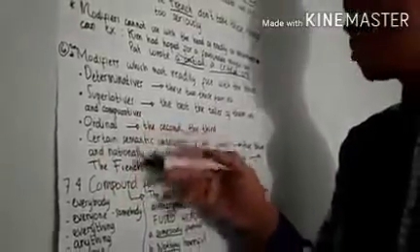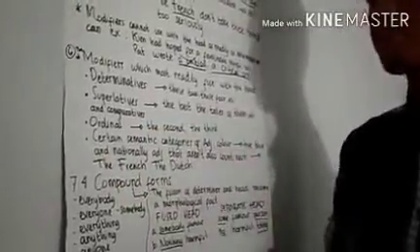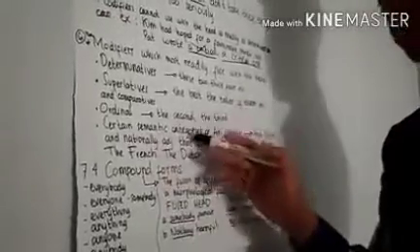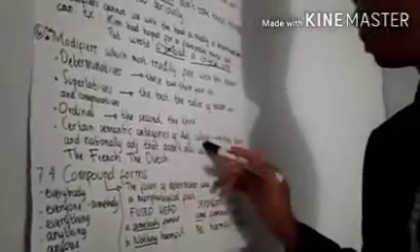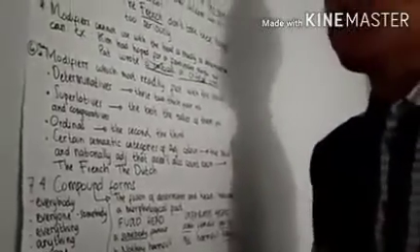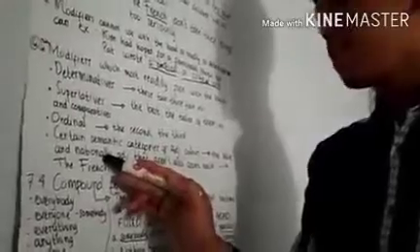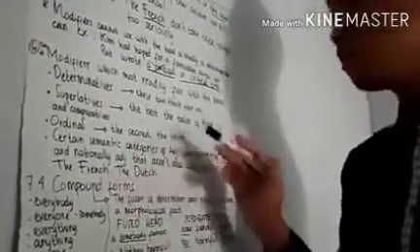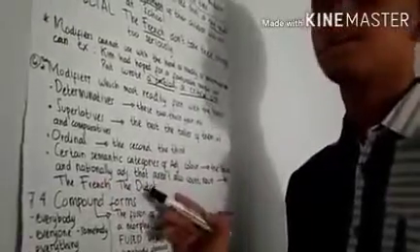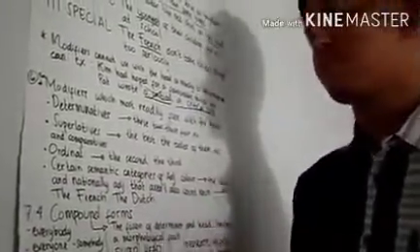Ordinal: the first, the second, the third, the fourth. And then certain semantic categories of adjective, color, such as the blue, the red, and nationality adjectives that aren't also count nouns, such as the French, the Dutch, and the English.